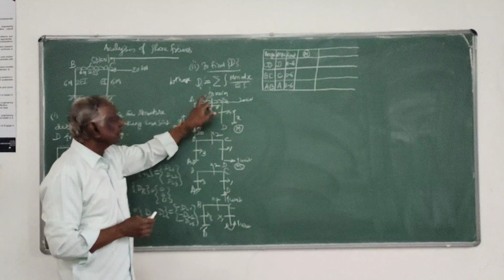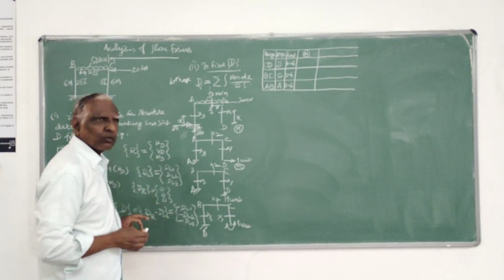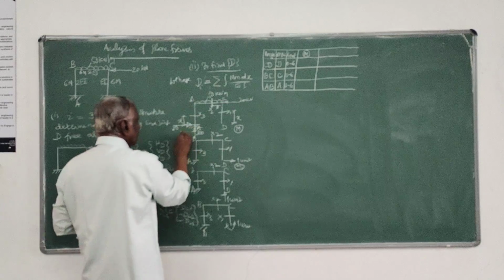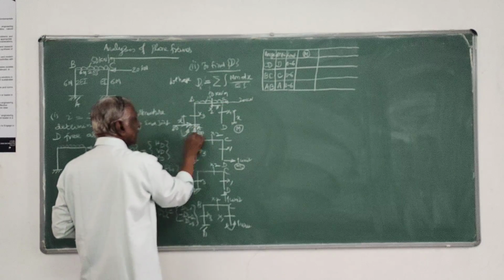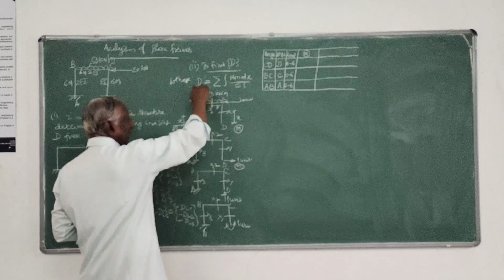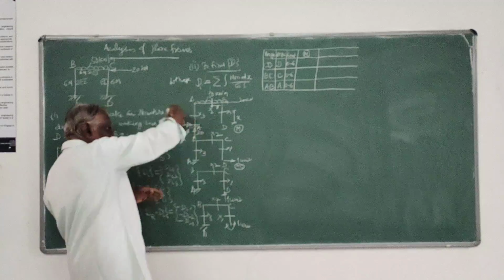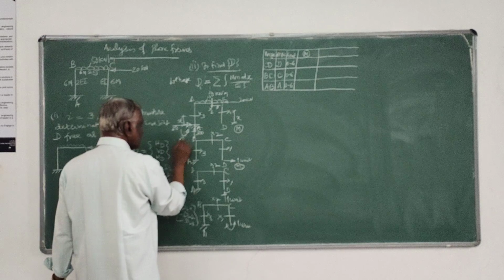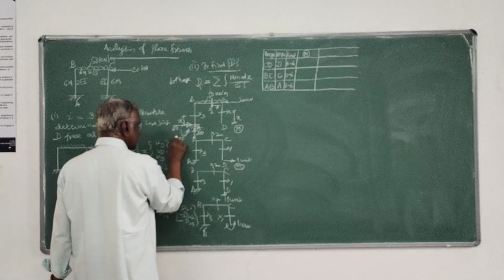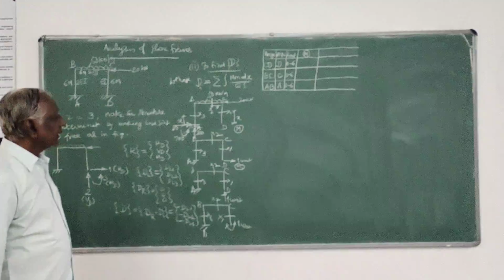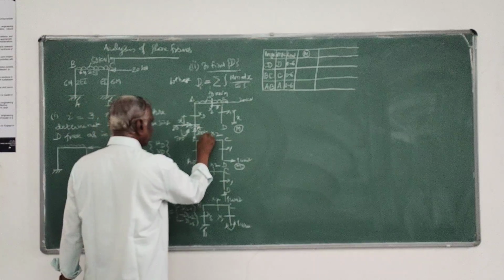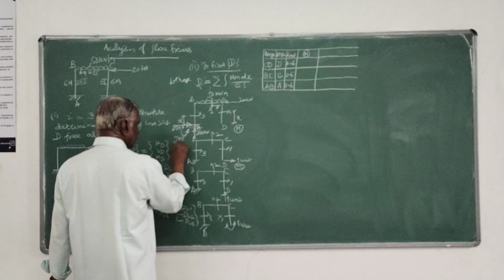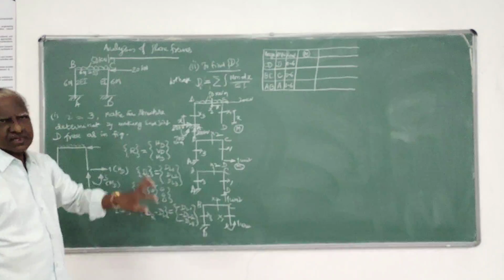So this is 900 minus 120, 780, acting in the opposite direction like this, because 900 is more this way, so it should be opposite to that. That is 780 kilonewton meter. These are the support reactions.